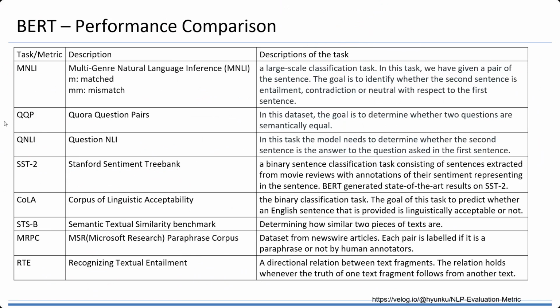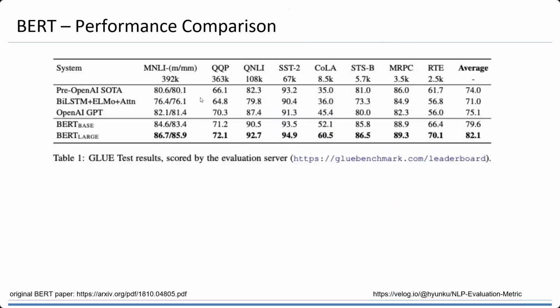So they perform those comparisons, and you can see MNLI, QQP, QNLI, SST, CoLA, STS, MRPC, and RTE. For all the tasks, BERT shows the highest performance, and when they calculate the average, BERT is the highest among the other systems.